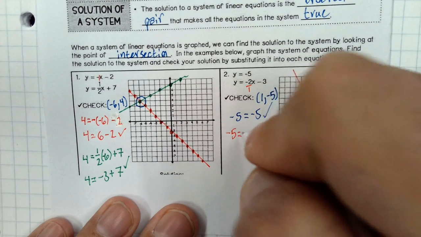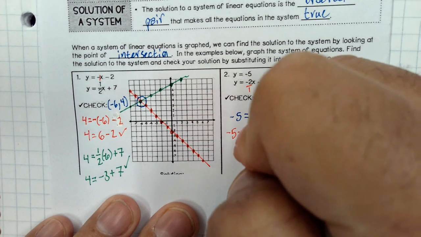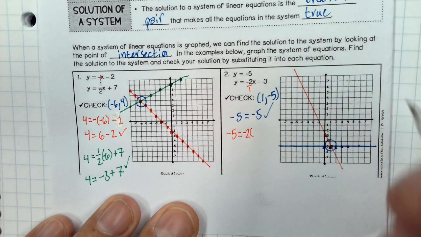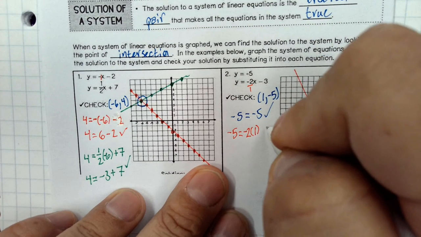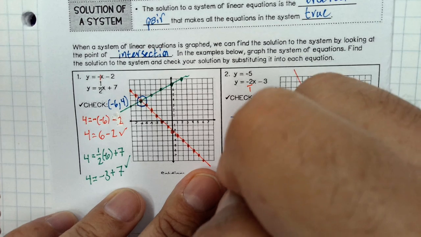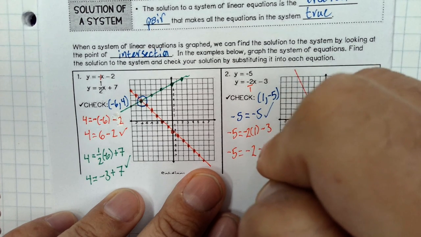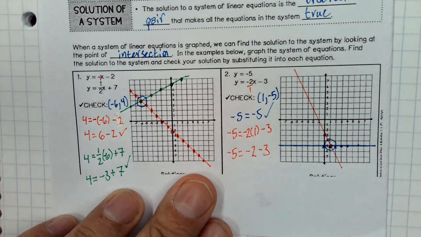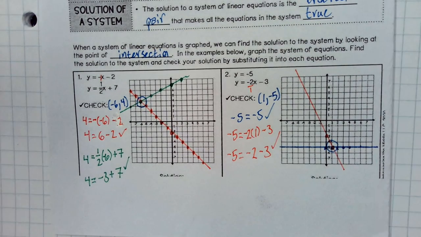Negative 5 equals negative 2 times my x value, which is 1, minus 3. And that's negative 5 equals negative 2 take away 3. Is that going to give me negative 5? Yeah. Sure does. So it works out there. All right. Any questions?